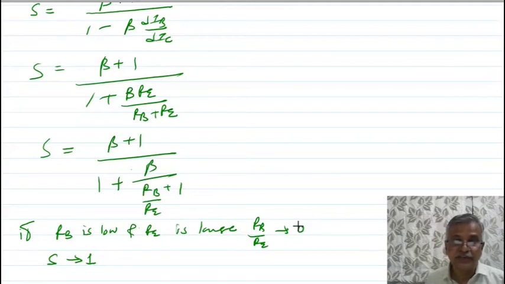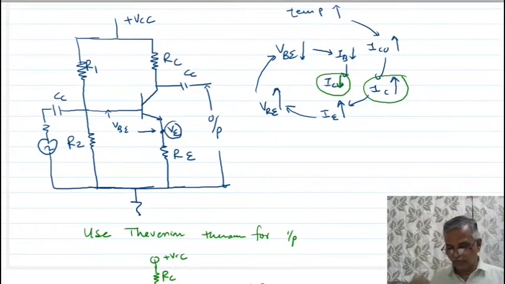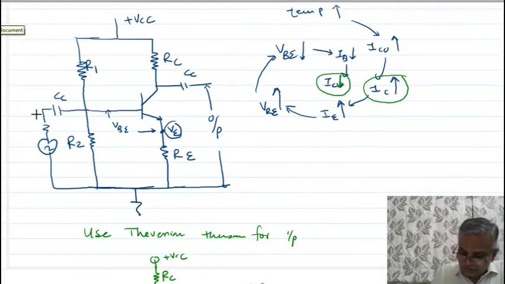In a voltage divider bias circuit, remember the base bias resistor RB is nothing but the parallel combination of R1 and R2. Now one important point. This is your AC input signal you give. You are getting an amplified output signal here.